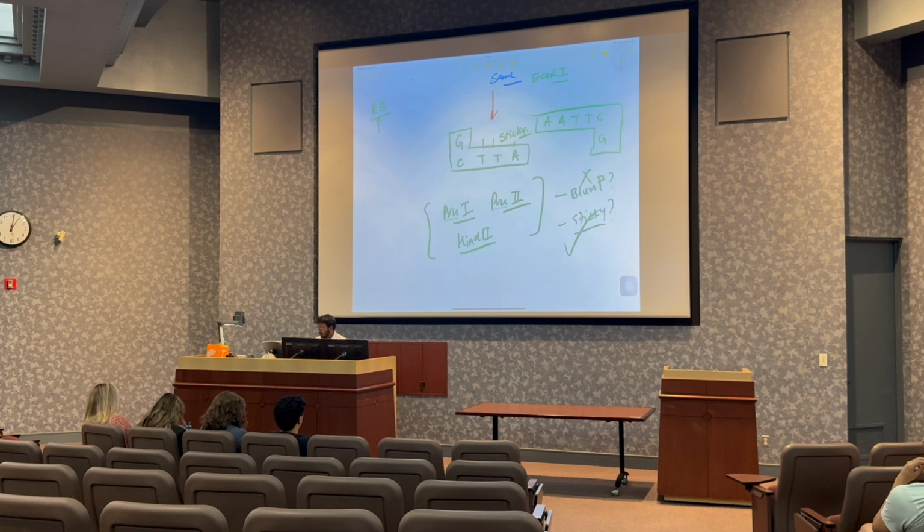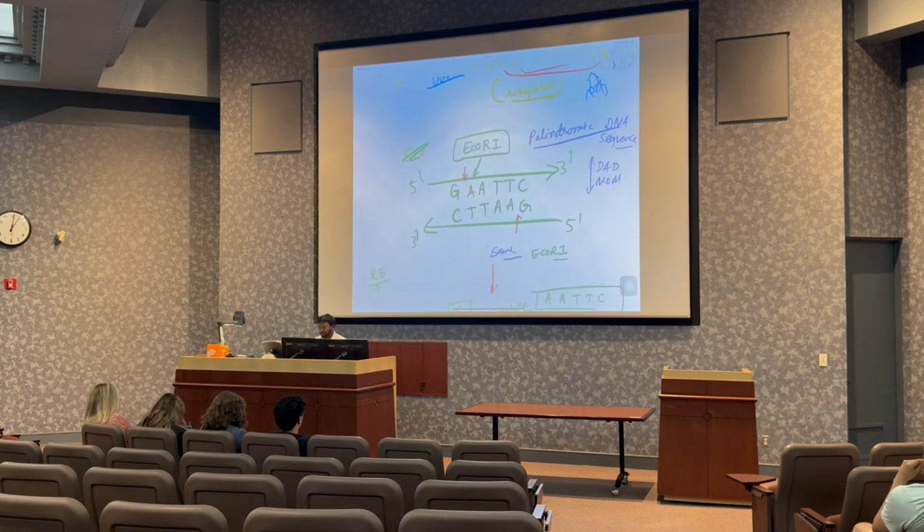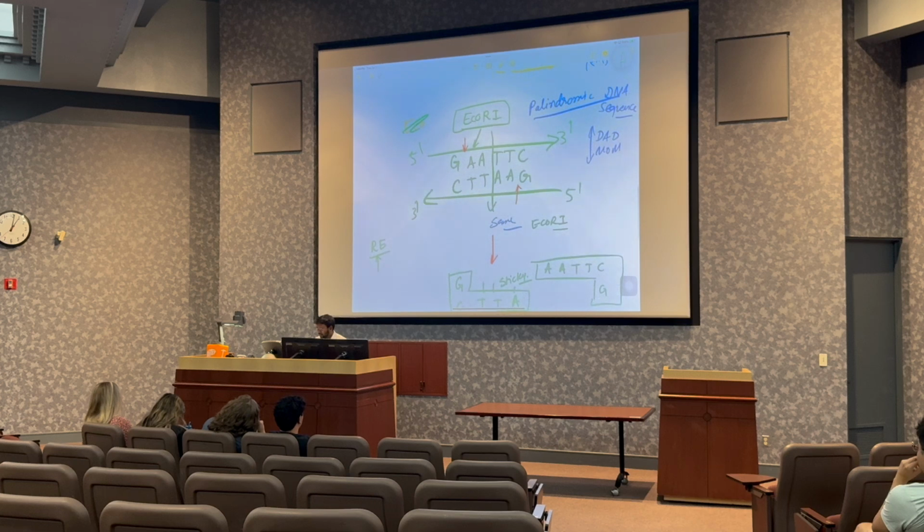What is a blunt end? Suppose a restriction endonuclease cuts the DNA somewhere here, what is the sequence they will make? GAA, CTT, TTC, and AAG, like this. Is it a sticky end or a blunt end? Blunt, because there is no hanging sequence of nucleotides around the DNA.